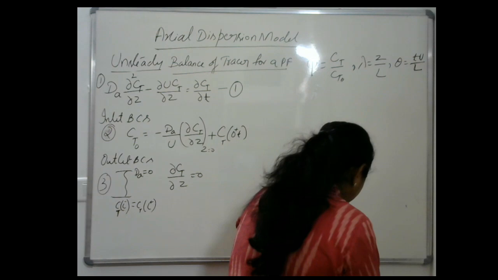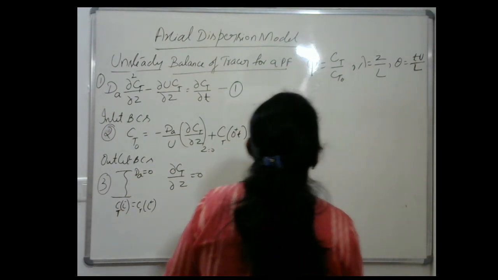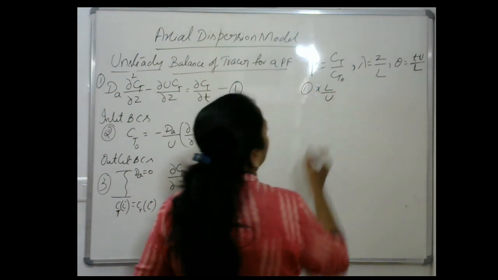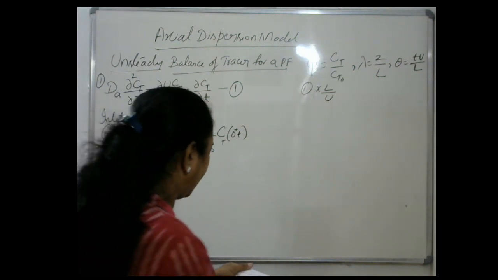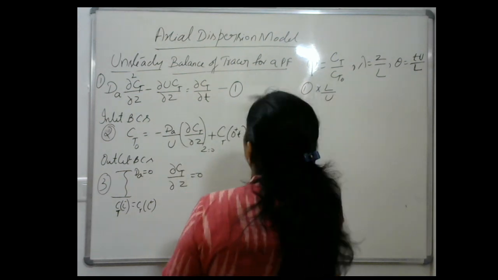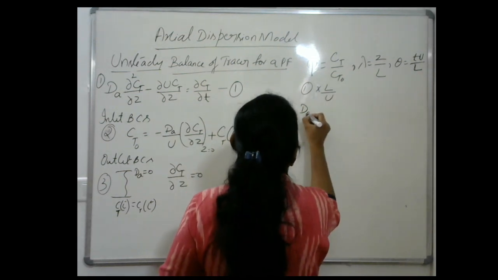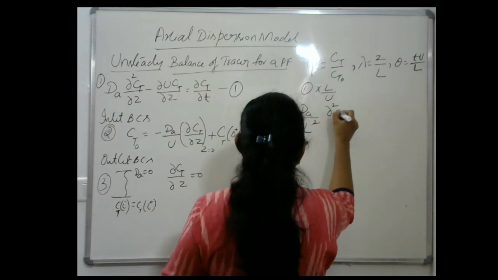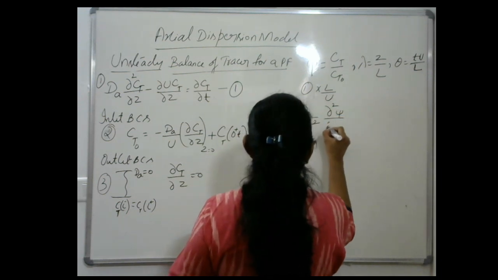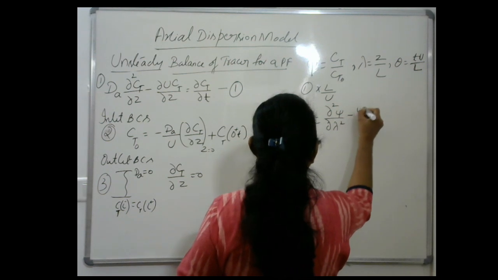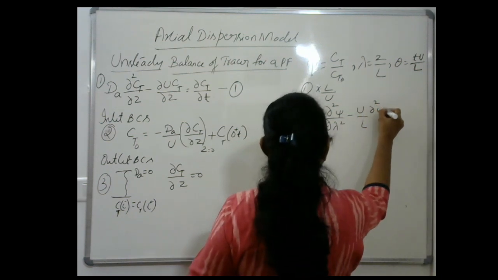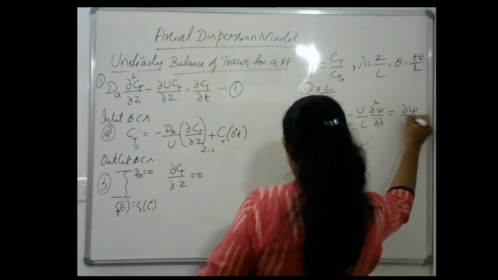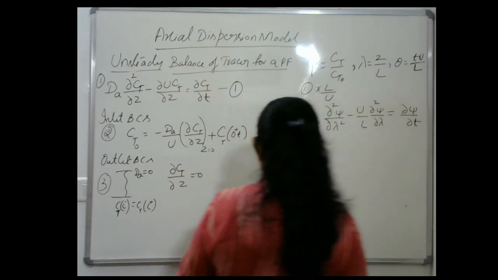And it reduces to 1 into L by U, and the equation reduces to dA by L square, dou square psi by dou lambda square minus U by L dou psi by dou lambda is equal to dou psi by dou T.